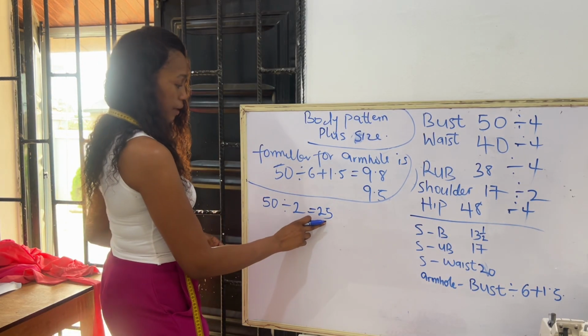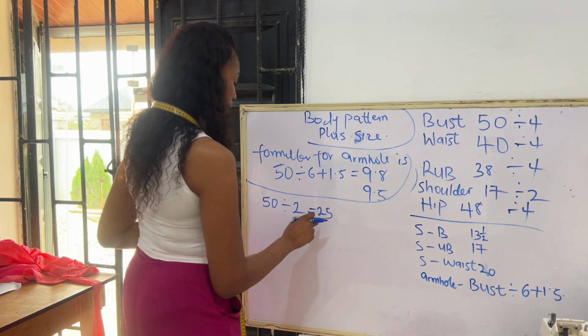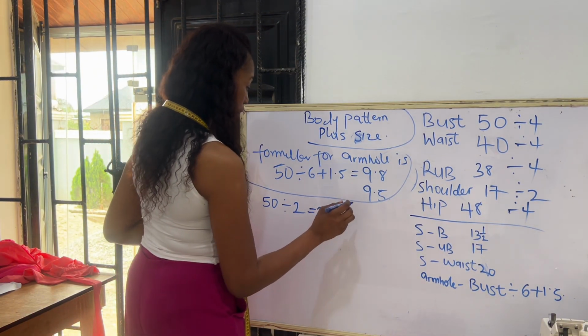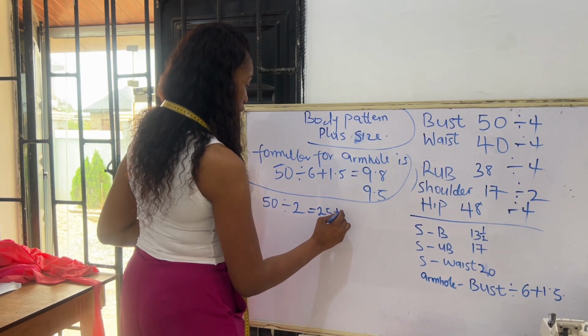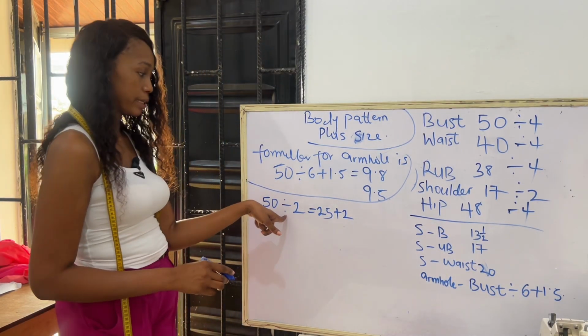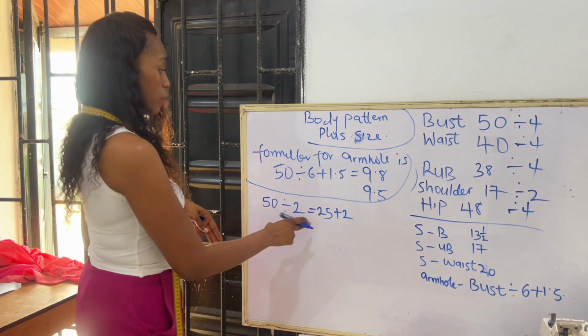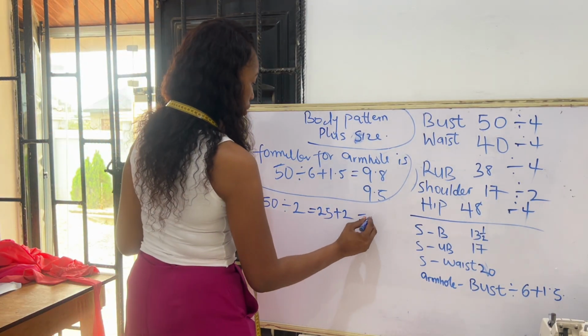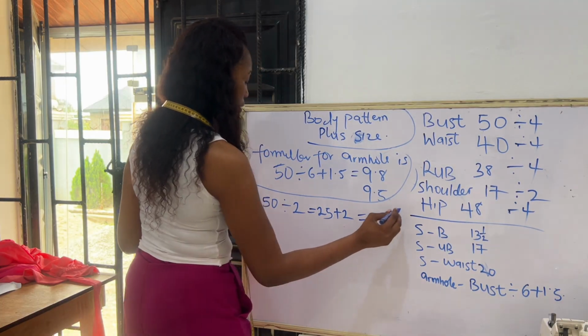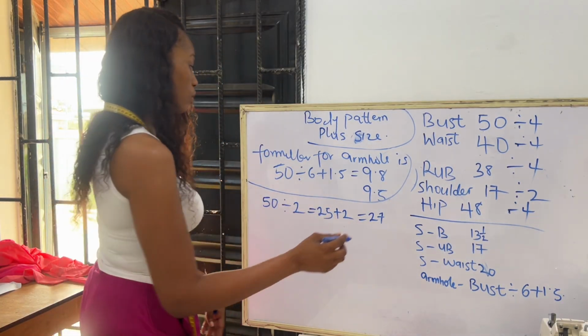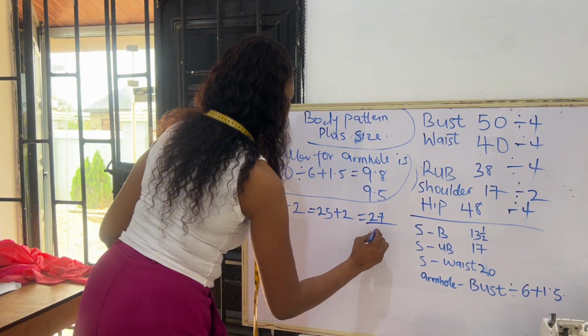Then in this 25, you add plus 2 to it, because the front area is fuller than the back area. When you add plus 2 to it, it will give you 27. So now this 27, you divide by 2.